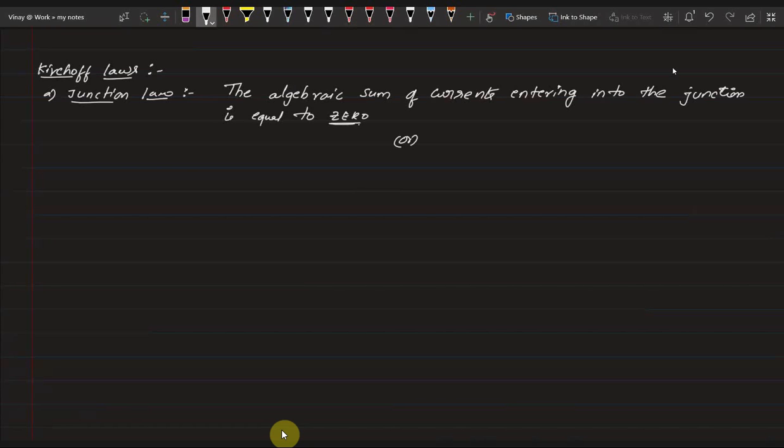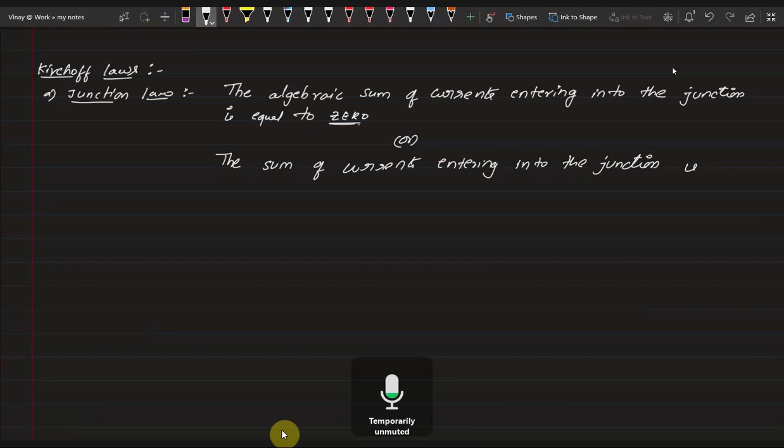We have one more definition also. The sum of currents entering into the junction is equal to the sum of currents leaving the junction. This concept is covered in your college.